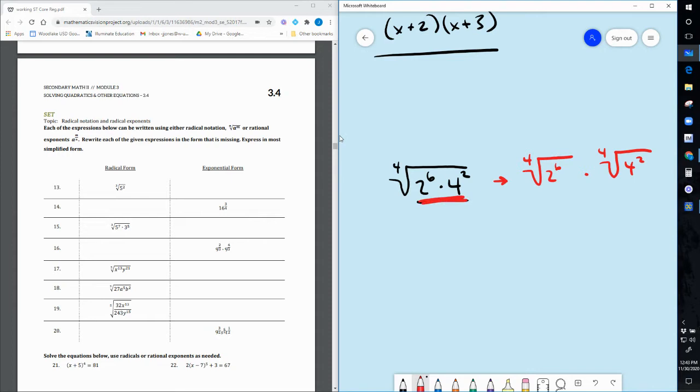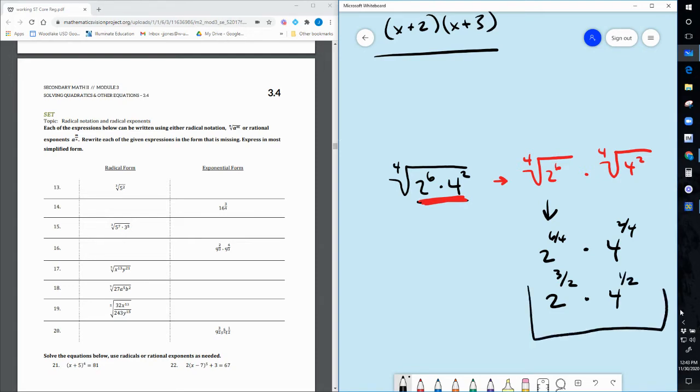All I did was separate these two things into their own radicals, and now we could rewrite this. So this one turns into 2 to the 6/4 power times 4 to the 2/4 power. And then you could simplify and call that 2 to the 3/2 power times 4 to the 1/2 power. And this is my answer for that one.